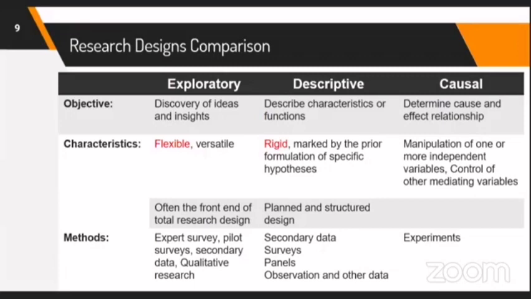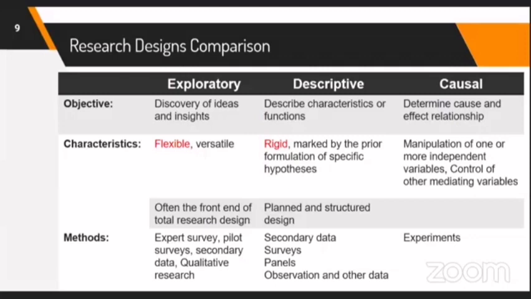In terms of characteristics, the exploratory is said to be flexible. So you can do anything because it's a form of a review or maybe a content analysis. While descriptive is a bit limited, the other way around of flexible, rigid, marked by the prior formulation of a specific hypothesis.